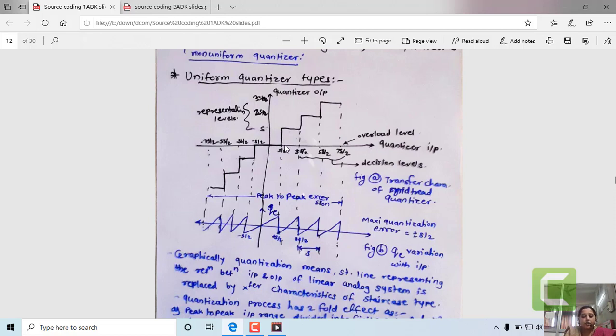And it is mid-tread uniform because the step sizes for all the steps are common with the value of S.